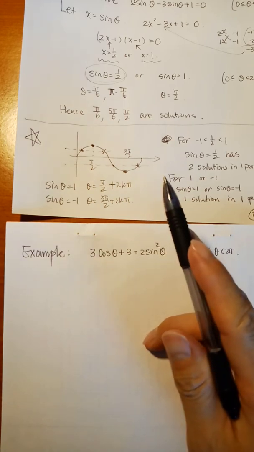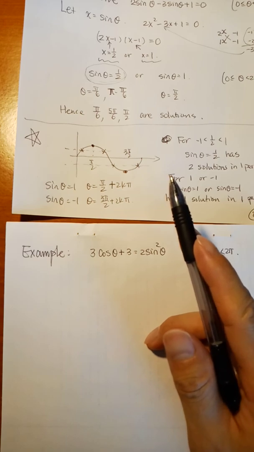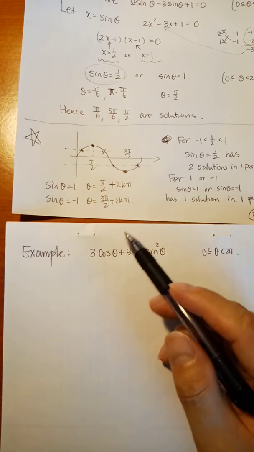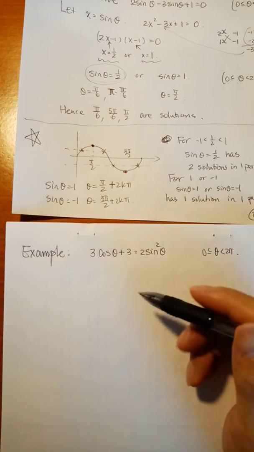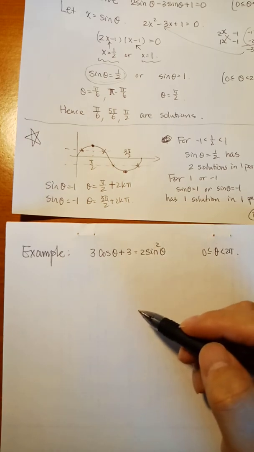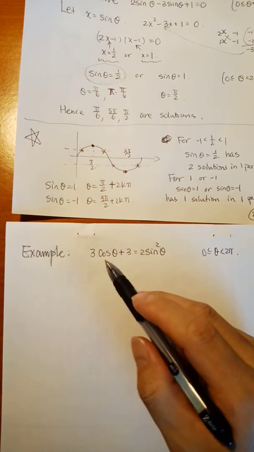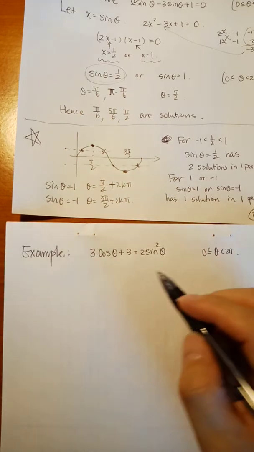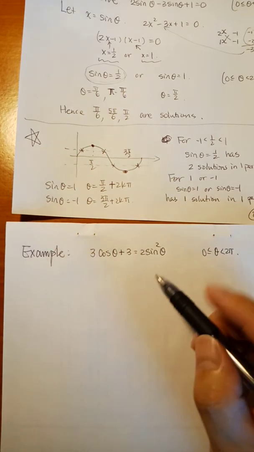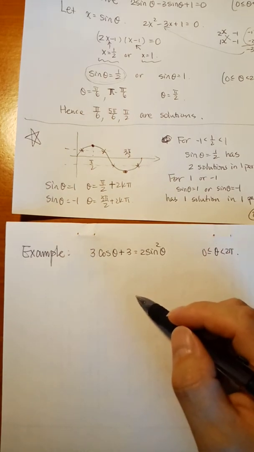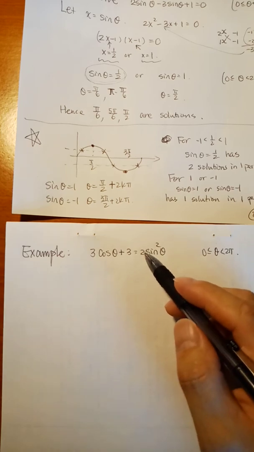You see here in the previous examples, even with the quadratic form, we have sine. Then we can use x equal to sine and simplify the equation. But here you have sine and cosine. If you have two different trigonometric functions in one equation, it just means you need some tricks.